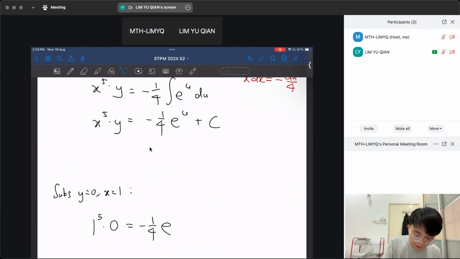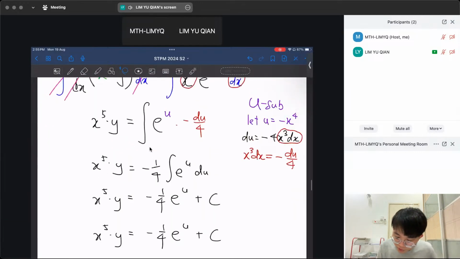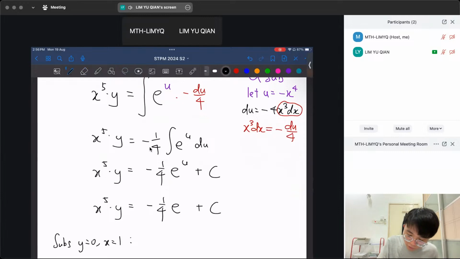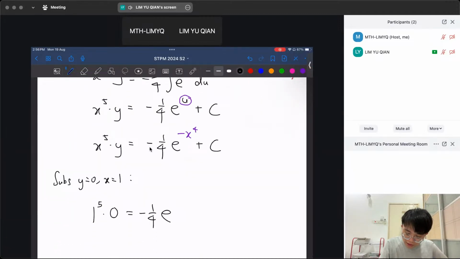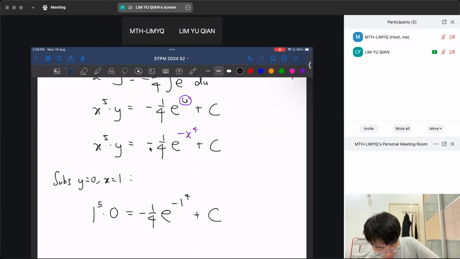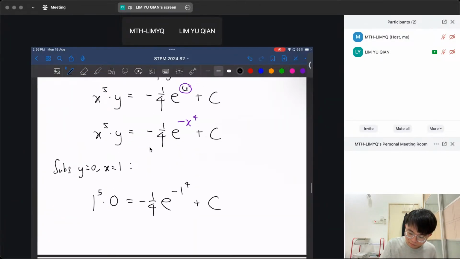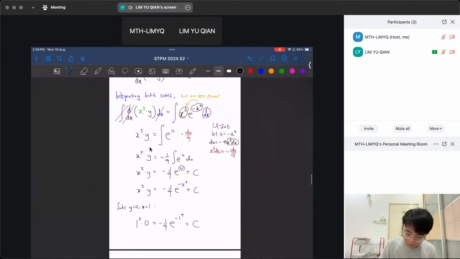U is equal to negative x power 4, so it must change back to x. So negative 1 power 4 plus c, negative 1 plus c. Correct so far.